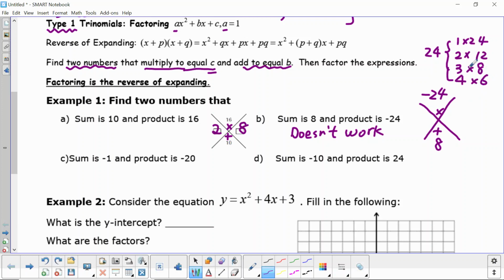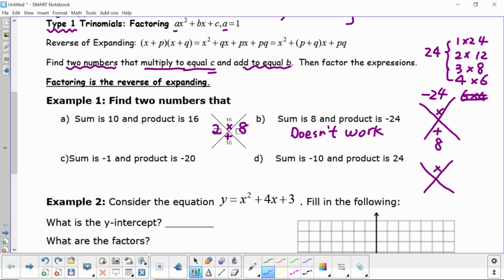We only keep the not repeating pairs. If you have 6 times 4, they are same, we don't count that one. We only keep all the different pairs of factors.